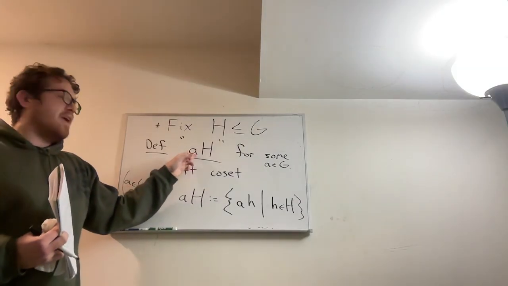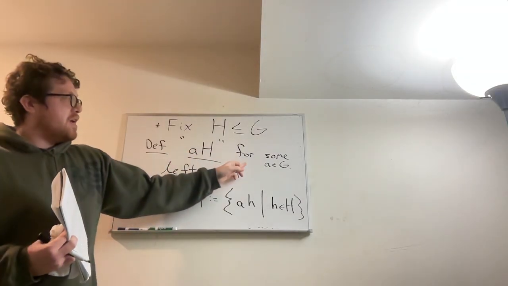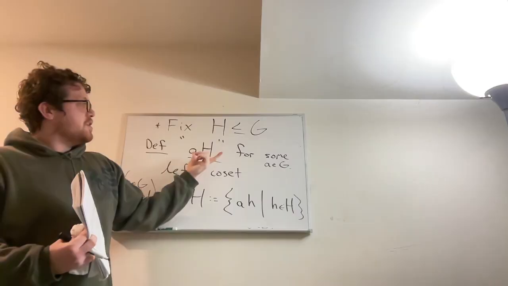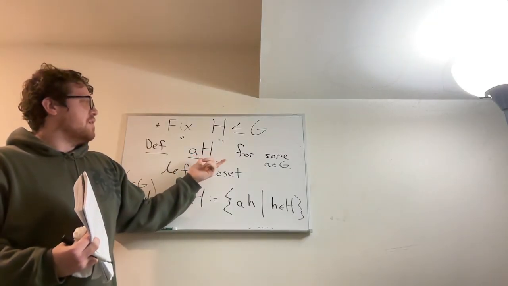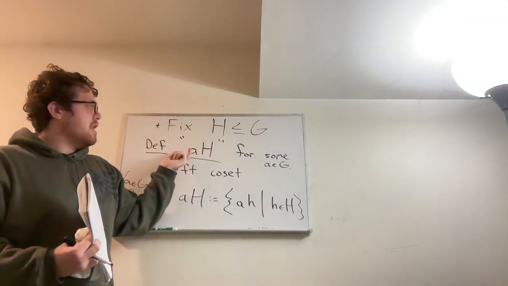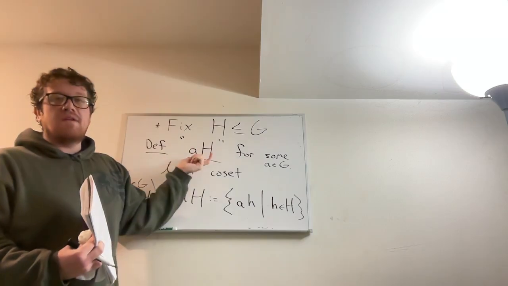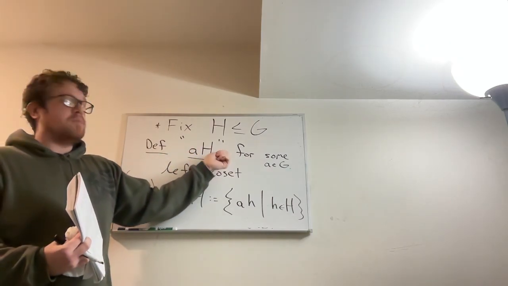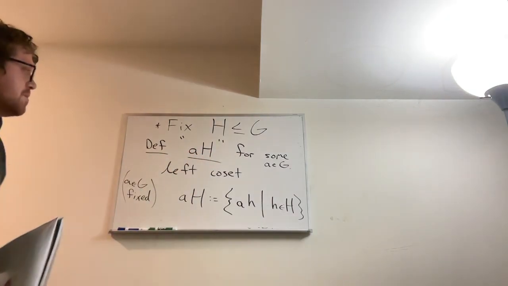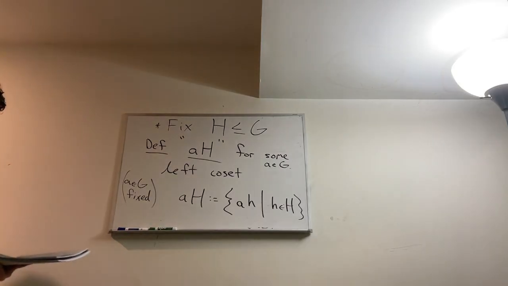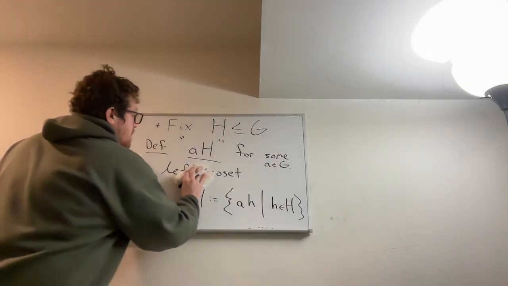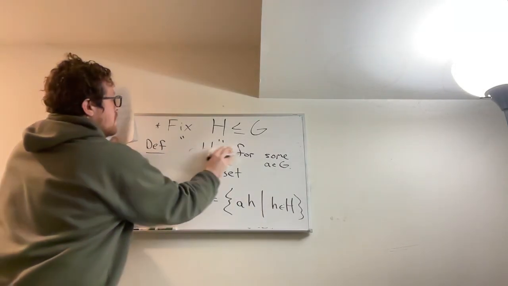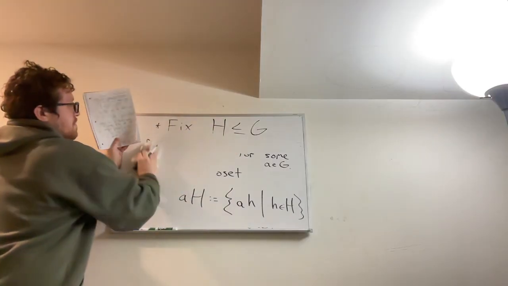If we pick one a and one b and we look at aH and bH, then they're equal to each other if and only if there's a certain property of ab inverse. So ab inverse actually has to be inside of H for that to be true. But actually, let me go over something to do with the sizes of these cosets.